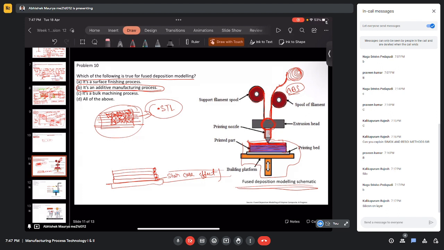Question number 3. Here, actually, 5 plus lambda minus alpha by 2 equal to pi by 4. Wait, assignment 5, let me open it. It is from metal cutting. Question number 3.